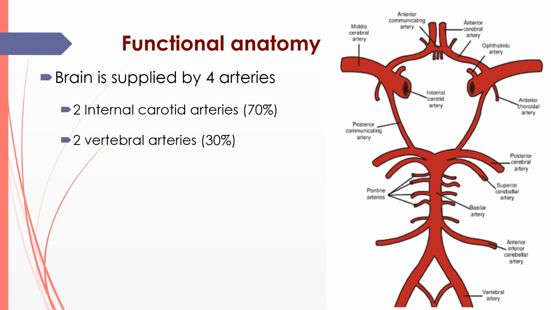The brain is mainly supplied by 4 arteries: two internal carotid arteries and two vertebral arteries. 70% of the supply comes from the internal carotid arteries and 30% from the vertebral arteries.